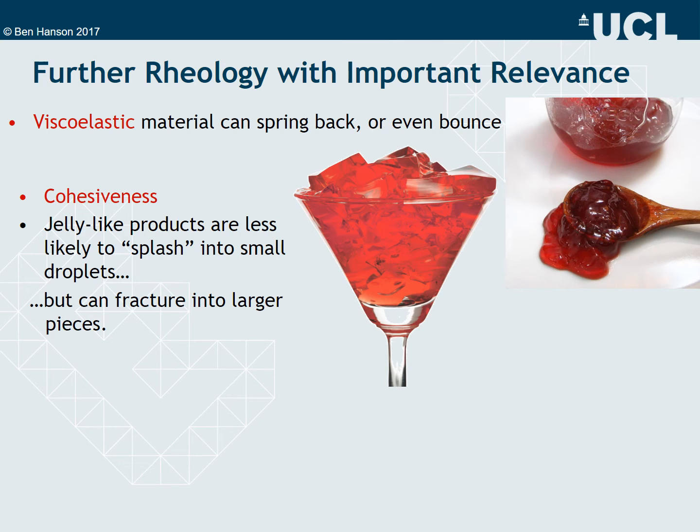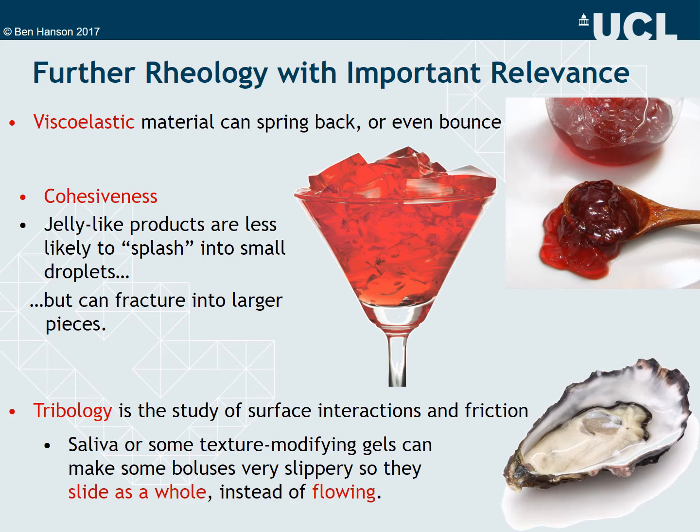And cohesiveness is a very important aspect too. Some types of jelly will fracture into large pieces, but other types of jelly may dissolve more into a sort of paste. So in that case, that's not to do with rheology, or not to do with viscosity, it's to do with cohesiveness and the fracture behavior of materials.